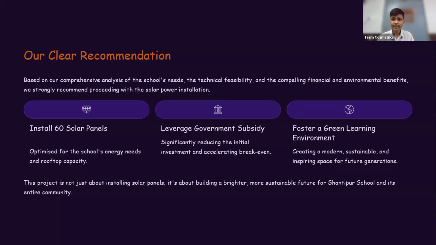So to cover that, we can take loans from NGOs or other organizations so that we can reduce the load on the school. And by following all of this, we can foster a green, clean learning environment because we can reduce the carbon emission and provide a better future for the students.